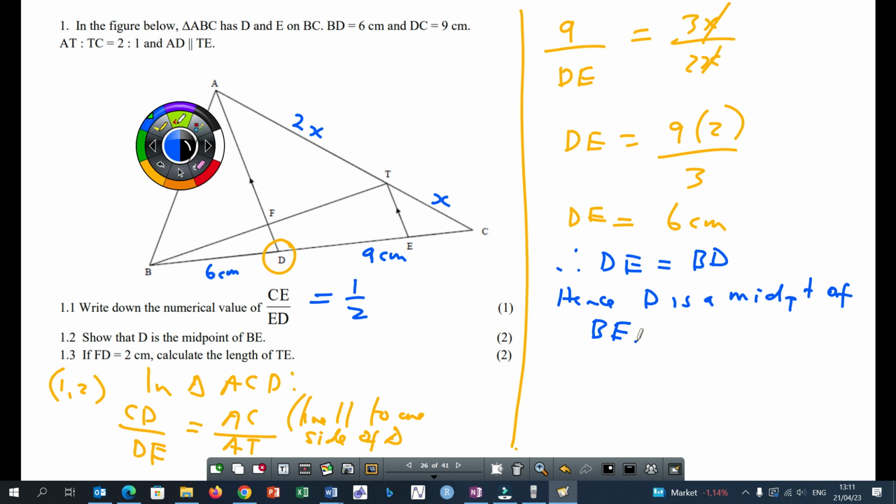So you know in the first question how we worked out CE over DE. Yes. So I gave DE and EC a constant. So my constant was 5. So I had 2x and x. So I said 2x plus x is equal to 9, and I solved for x, and then I worked out the DE and x. Okay, it's fine. No, that's fine.